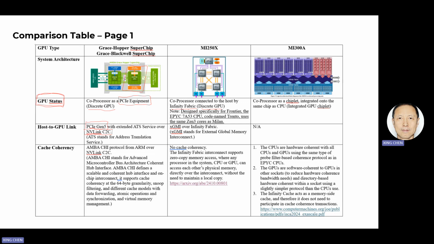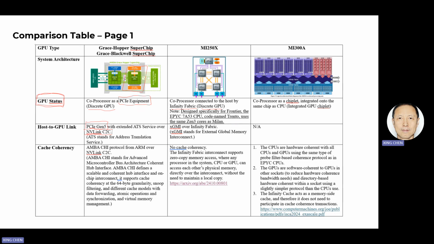It's a coprocessor, but it's not... It's a kind of PCIe equipment, but it's not really a PCIe equipment. It's more a coprocessor of the CPU, but connected to the host by the Infinity Fabric. It's different from the PCIe. It's not a PCIe equipment.